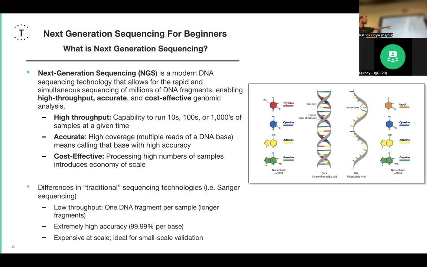Even with whole genome sequencing, with some of our more powerful sequencers, you can still do hundreds of samples. I'll go into why you can't do as many with whole genome, but just think that there's so much data being generated. You're generating terabytes of data.